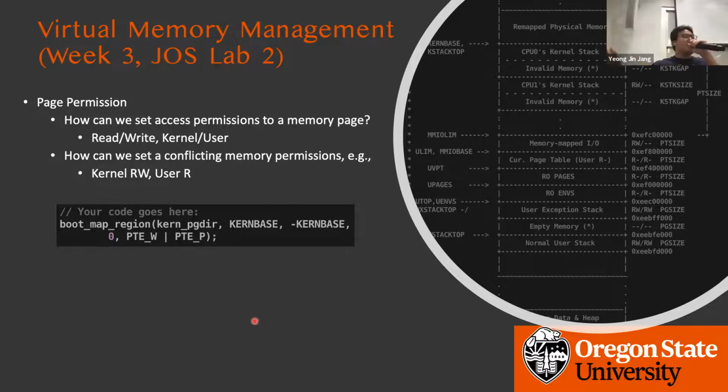We put most of the kernel part in the high memory on top, and lower memory is used for ring 3. The actual mechanism that separates kernel and user is the bit in the page table for PTU or not, and also the bits in the CS register for ring 3 or ring 0.